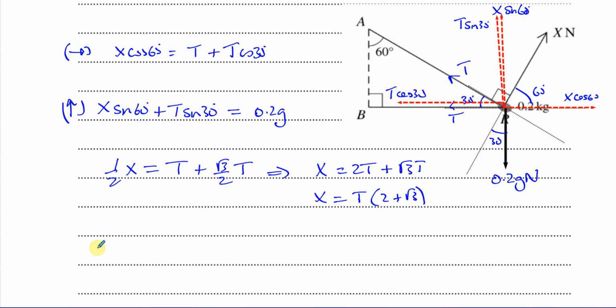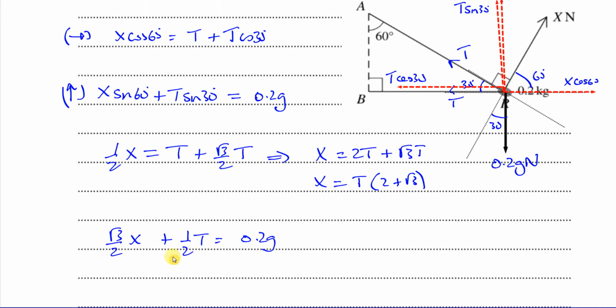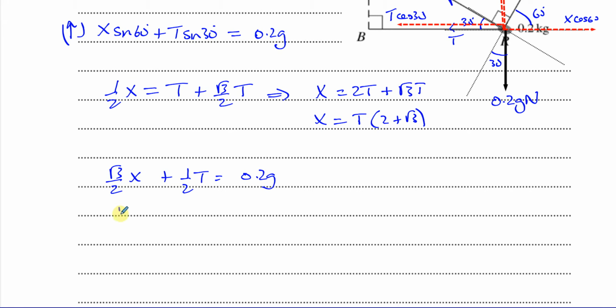And then the other equation, we're going to have x times sine 60. Now sine 60 is root 3 over 2. So you have root 3 over 2 times x plus sine 30, which is a half, a half of T equals 0.2g. Now if I multiply everything by 2, I'll be left with root 3x plus T equals 0.4g.